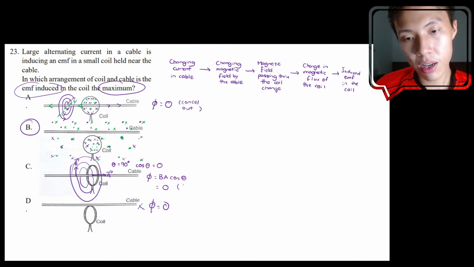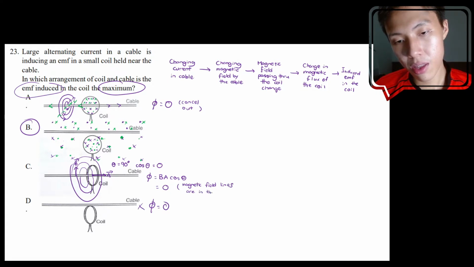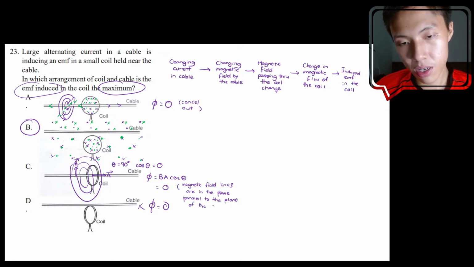Okay, magnetic field lines are in the plane parallel to the area of the plane of the area of the coil.